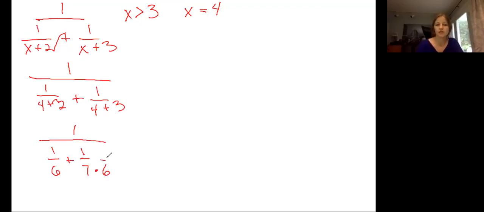And anything I do to the bottom, I have to do the top so that I can keep that fraction balanced. Same thing here. What do I have to multiply 6 by to get 42? To multiply it by 7. Same thing up top times 7. So I'm left with 1 over 7 42nds plus 6 42nds.